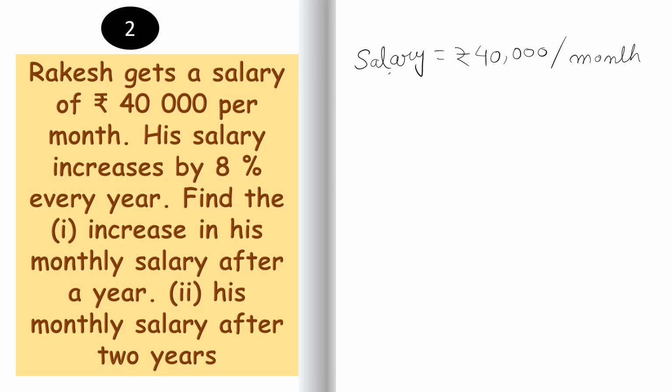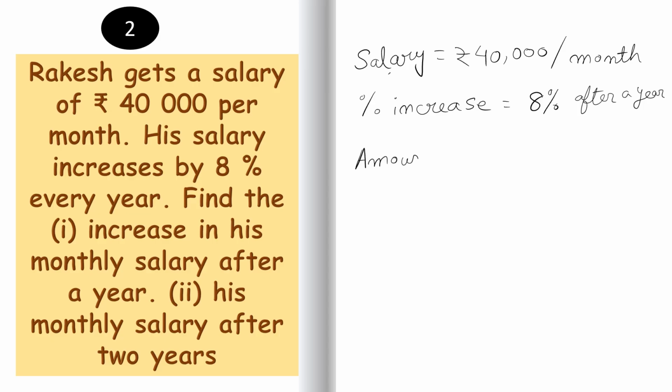We'll understand it better. What is the percentage increase? We do not know how much amount has increased, but we know the percentage increase. So 8% is increased after a year. So let's see the amount.